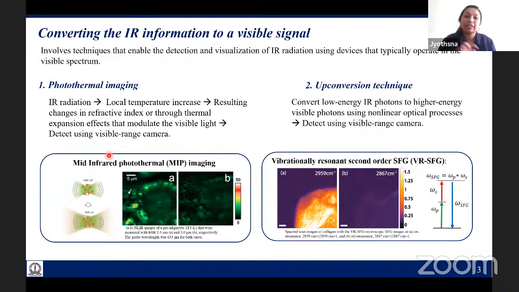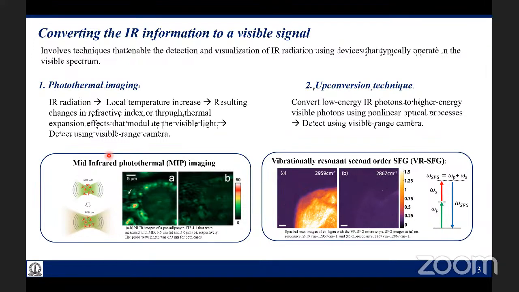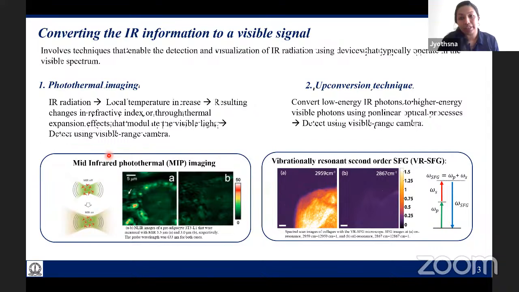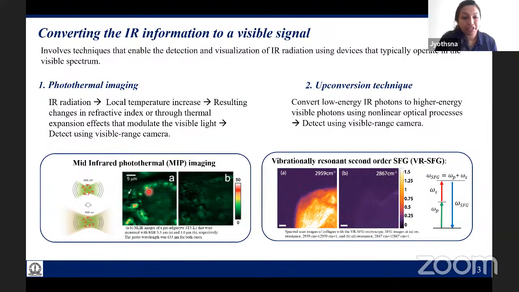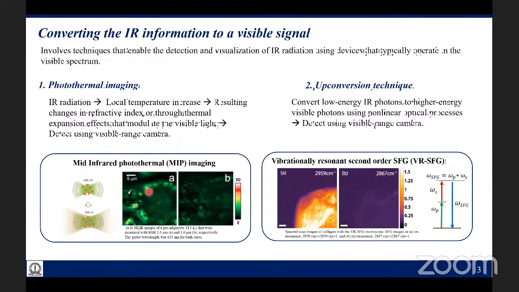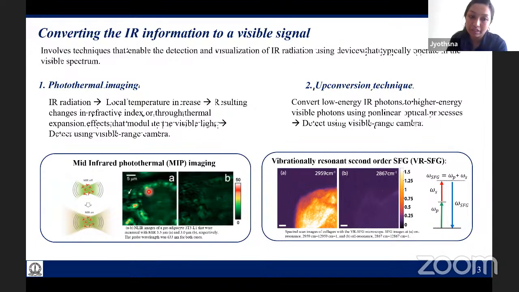This local thermal change results in a refractive index difference in the sample, which modulates the probe beam, and this modulated probe beam is detected using a normal visible detector. So here again, we can make use of the advantages of the visible detector.